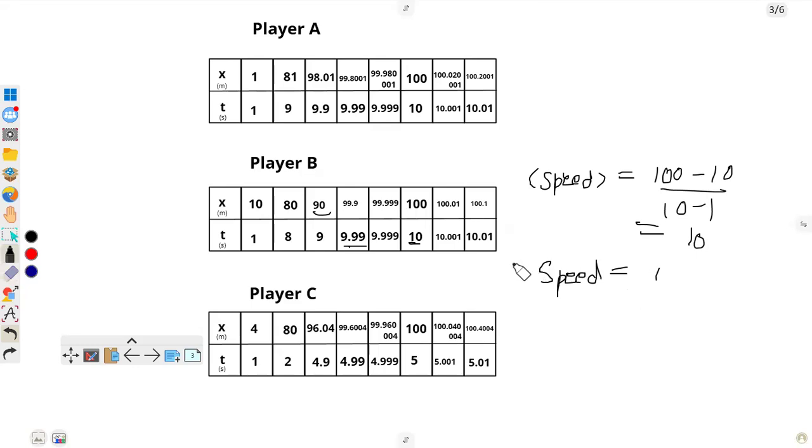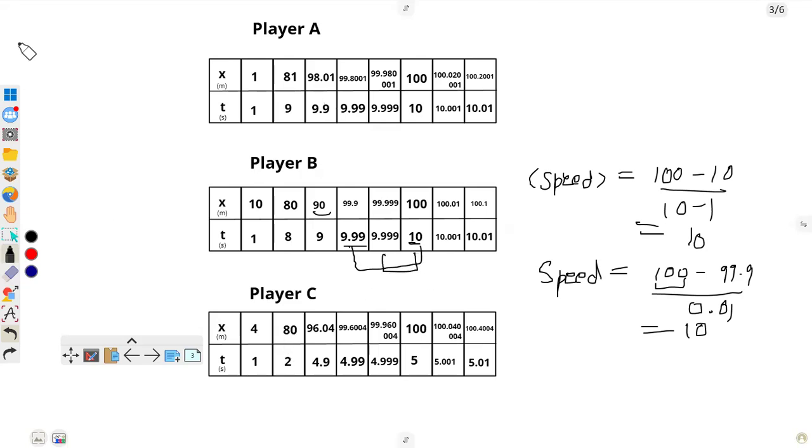Speed is basically the distance traveled in this time interval over the time interval. It's 10. Yes, it's 10. So it's 100, which is our final position, you can say, minus 99.9 over 0.01, which is 10, right? It's 10.